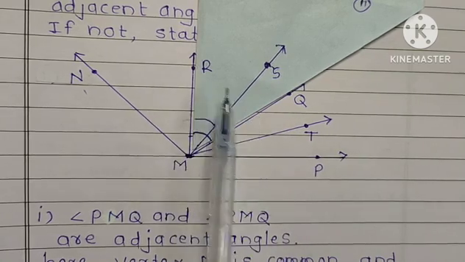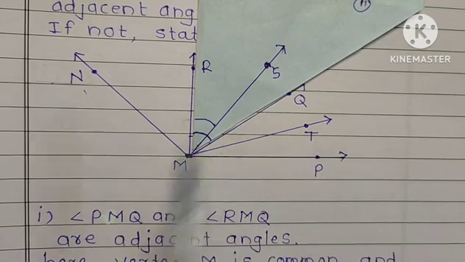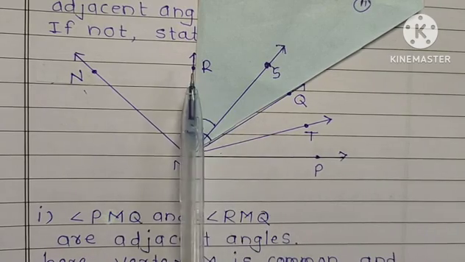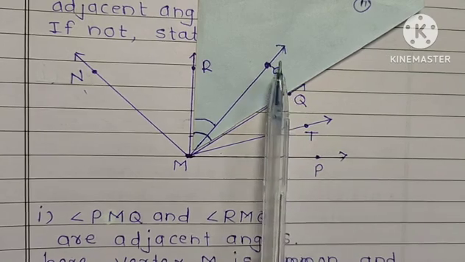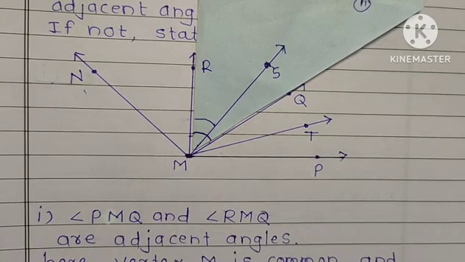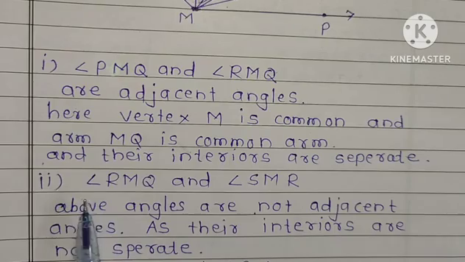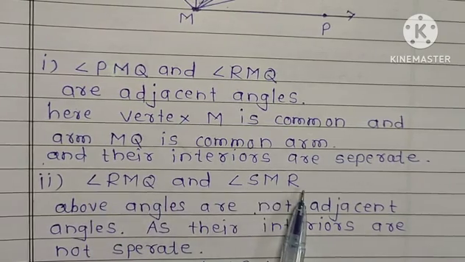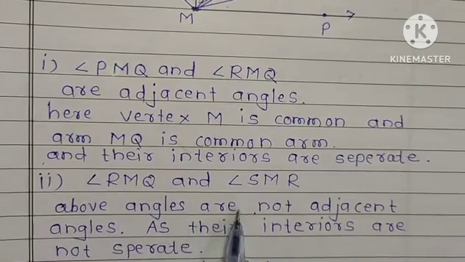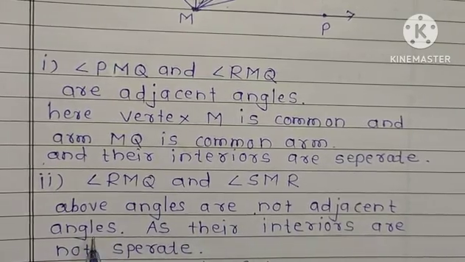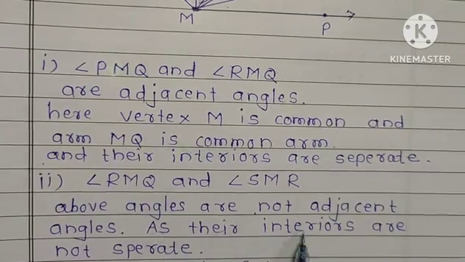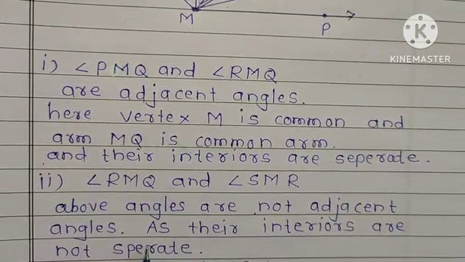That means interior parts of angle RMQ and SMR are not separate. And that's why we can write: angle RMQ and angle SMR, above angles are not adjacent angles as their interiors are not separate.